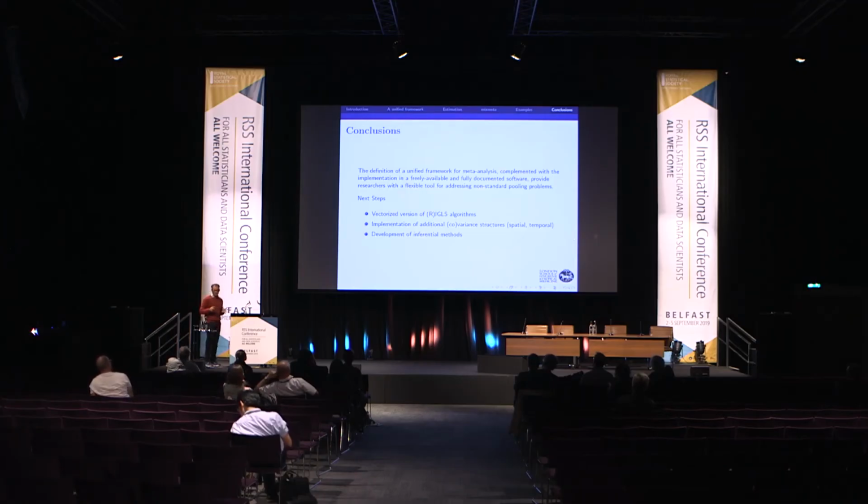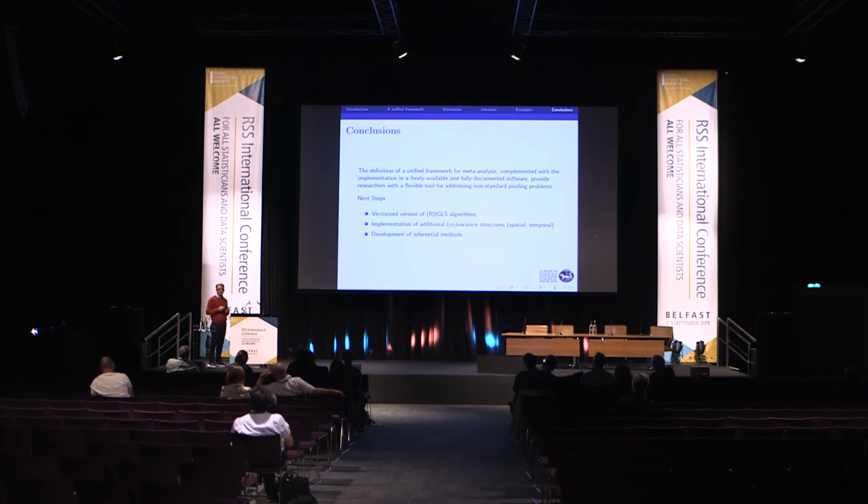So in conclusion, I think we defined this unified framework that is complemented with software, and I think this provides a flexible tool for addressing meta-analysis and pooling problems. So we are working mainly in 3 different directions for the next step.